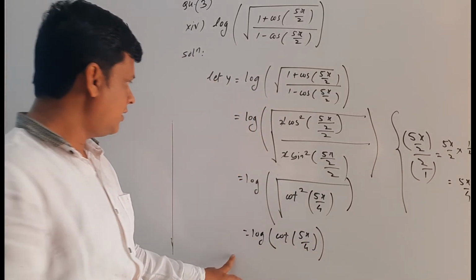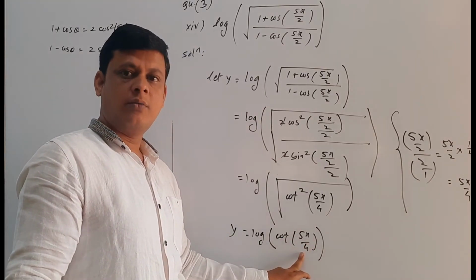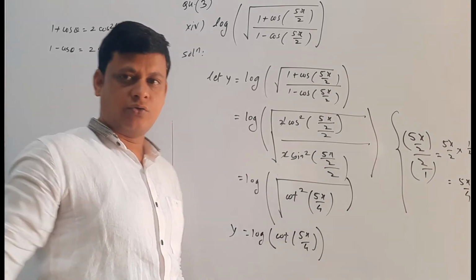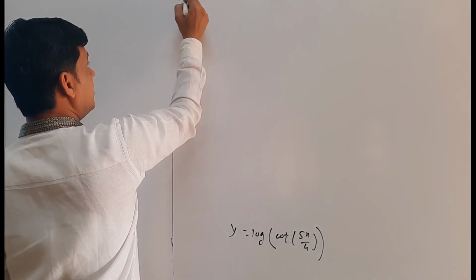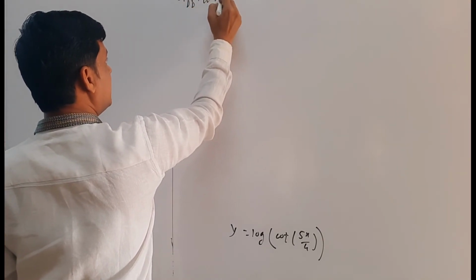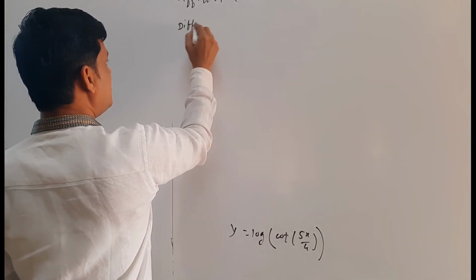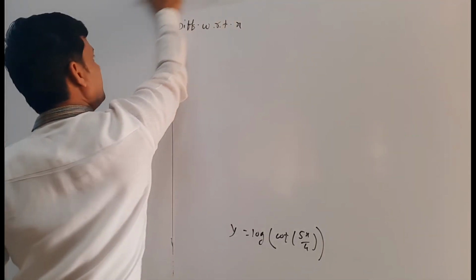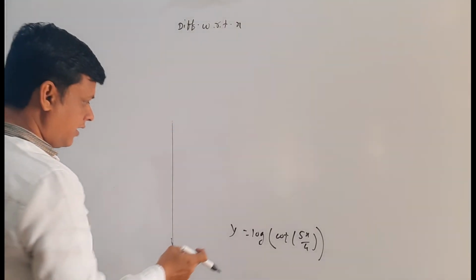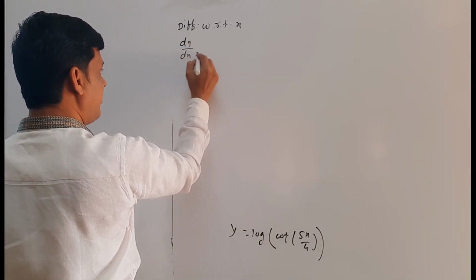Now here again there are 3 functions, log, cot and 5x by 4. So we have to find 3 derivatives in one step. So we differentiate with respect to x. Now we have to find the derivative of the outer function. We write derivative of y as dy by dx.